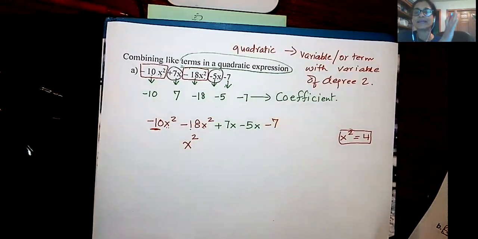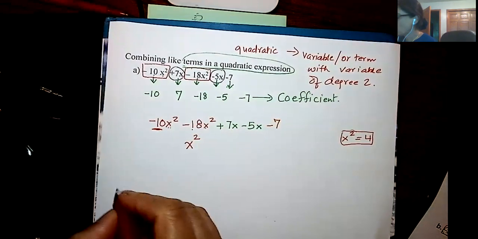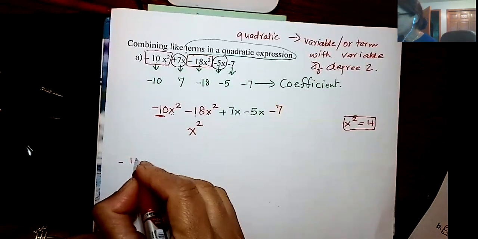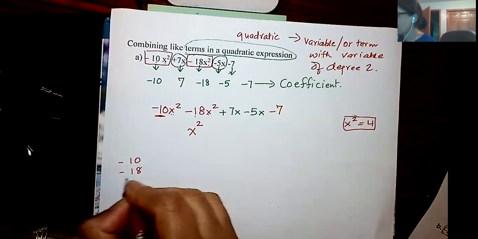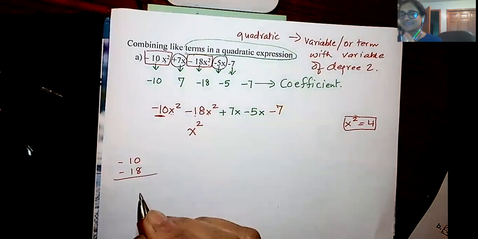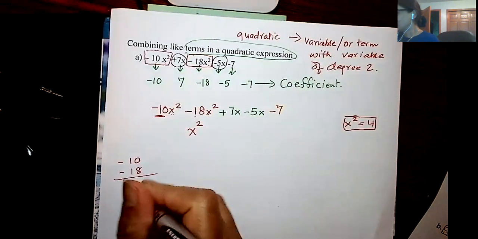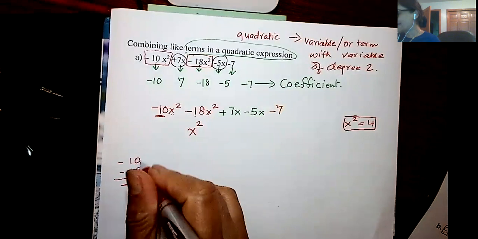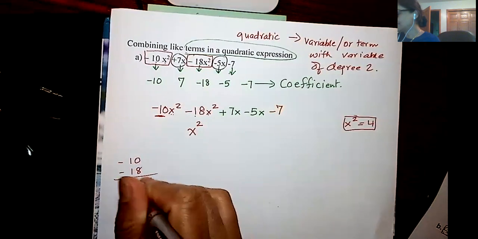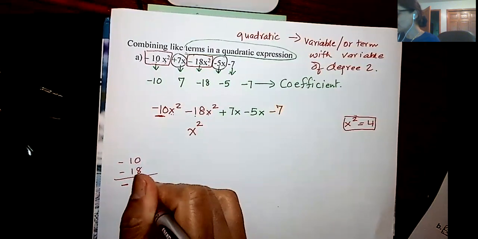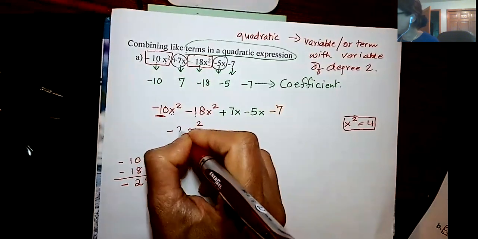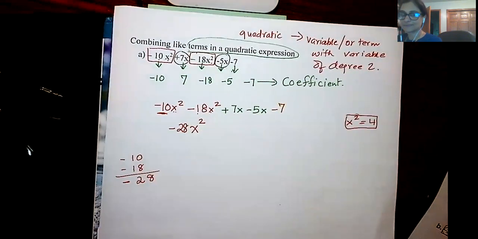You first move negative 10 steps, then move negative 18 steps. When the signs are the same, you keep the common sign and just add the two numbers. So you get 28. So it is negative 28x squared.